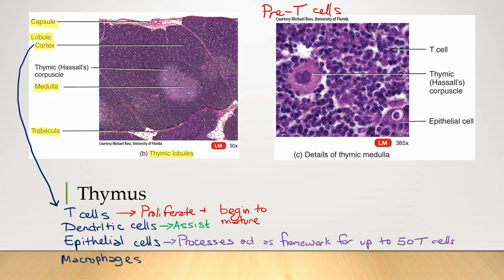Positive selection is a process we'll go over in a little while. These epithelial cells will also produce thymic hormones that aid in the maturation of T cells.